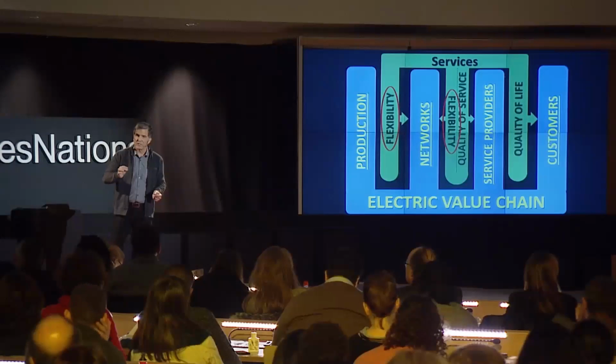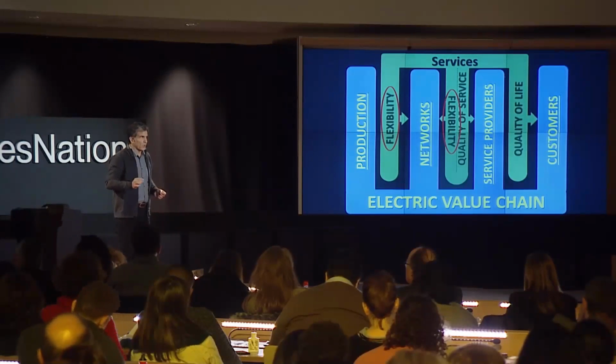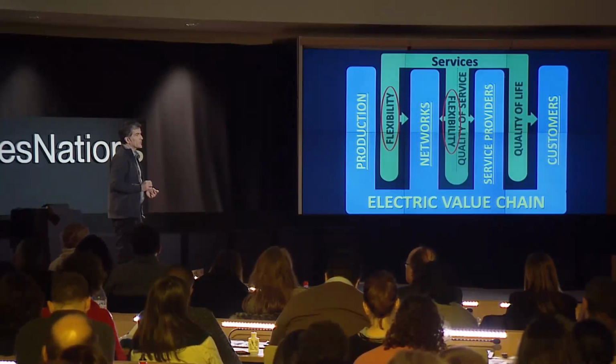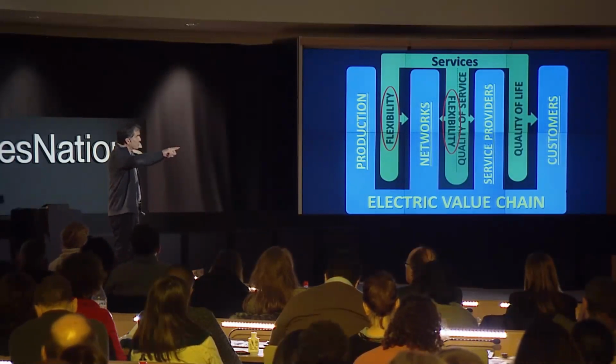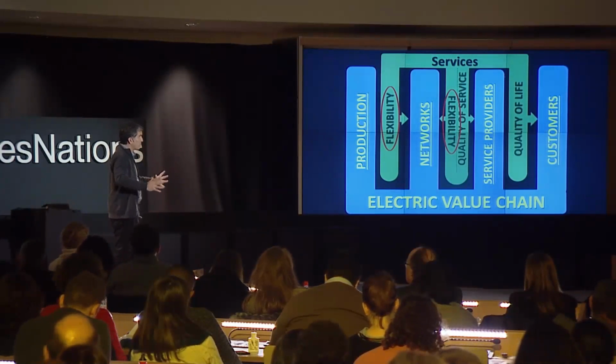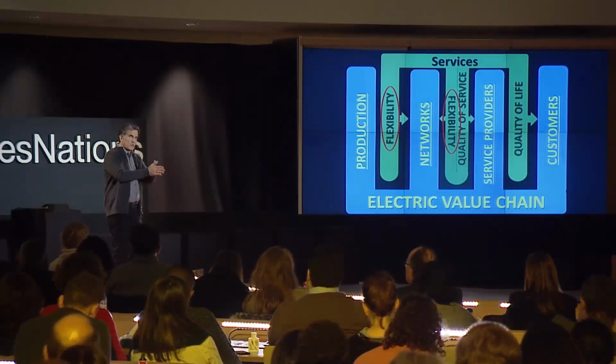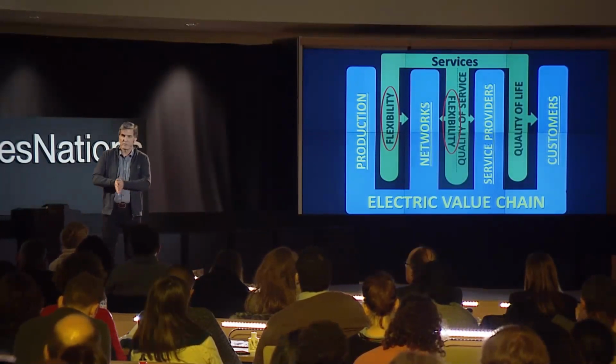So let me put that in technical terms. We need to have properly structured balancing markets that value and encourage investments in flexible units. And those balancing markets need to be on an energy market boundary basis, not on the political boundaries that are drawn on a map.